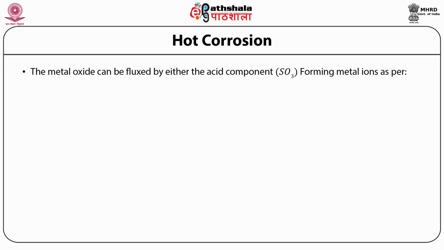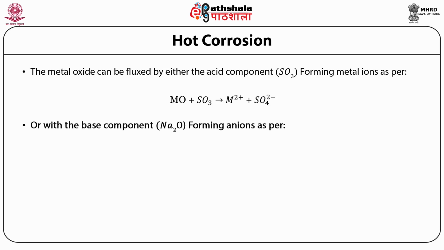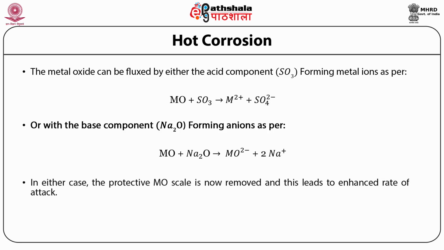The metal oxide can be fluxed by either the acid component SO3 forming the metal ions as per MO plus SO3 gives M2+ plus SO4 2-, or with the base component Na2O forming anions as per MO plus Na2O gives MO2 2- plus 2Na+. In either case, the protective MO scale is removed, and this leads to the enhanced rate of attack.